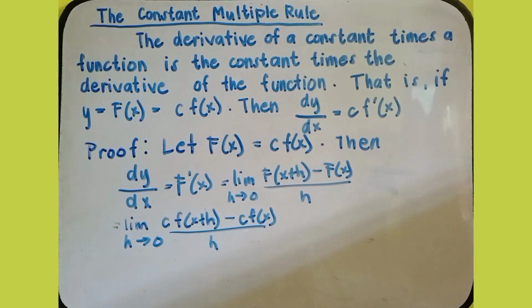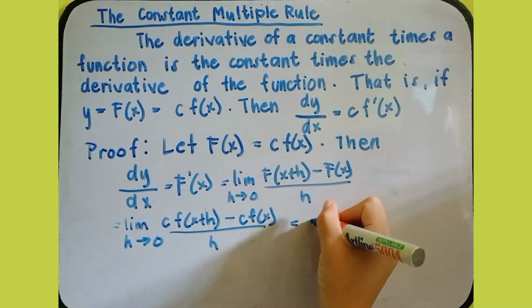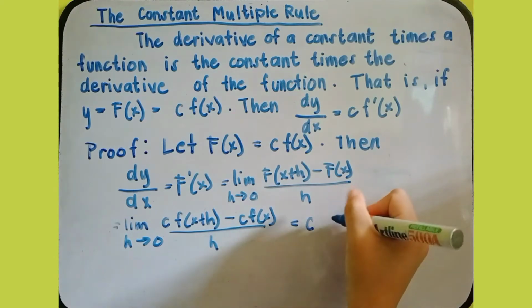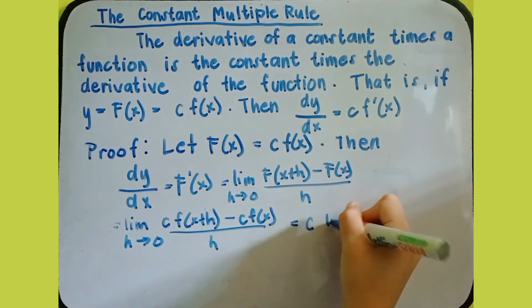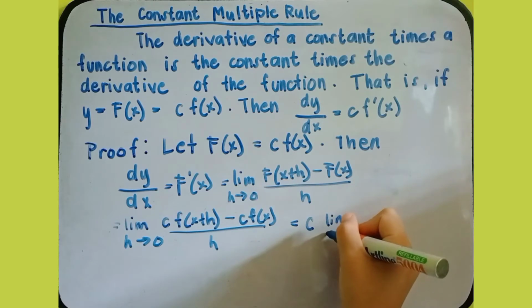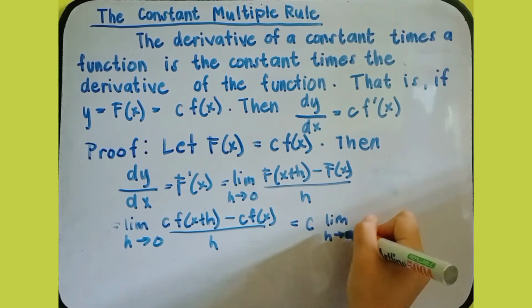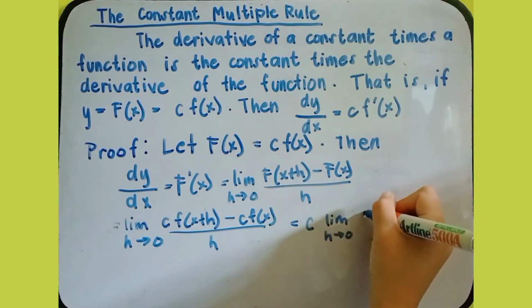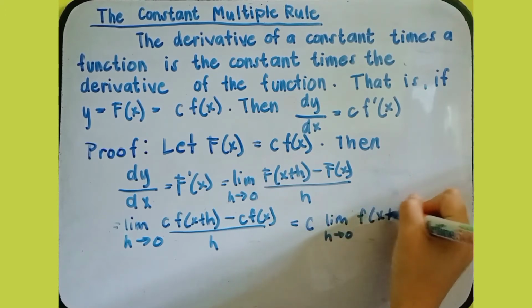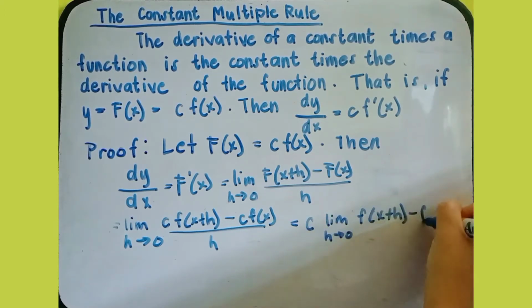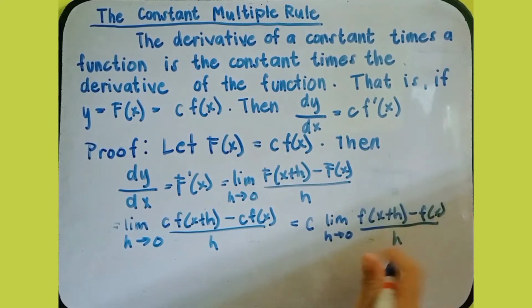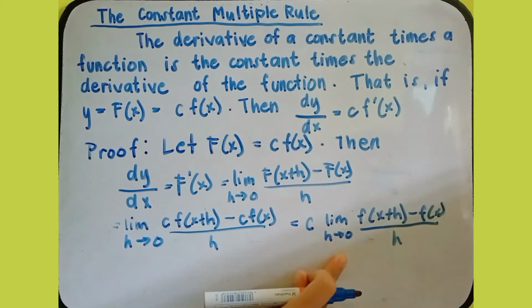Then we move the constant to the left. Here, c times the limit as h approaches 0 of f of x plus h minus f of x over h.